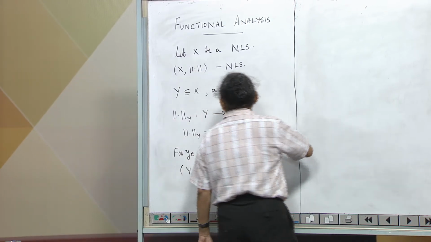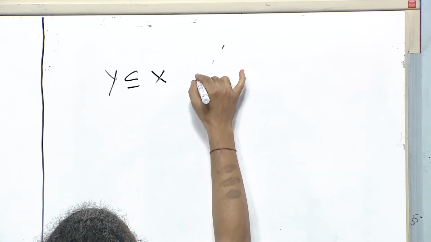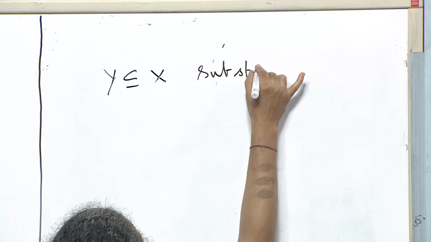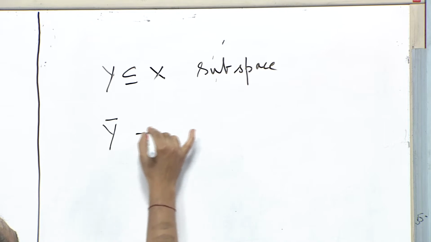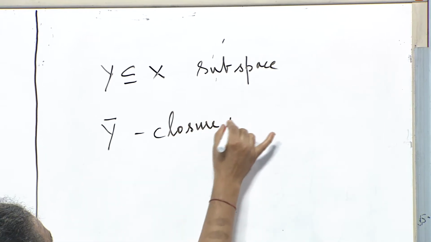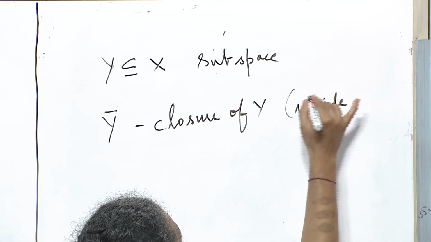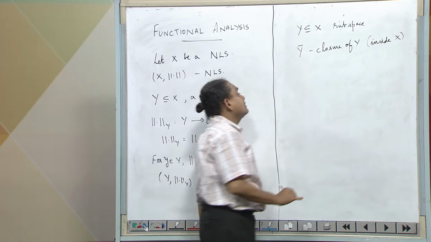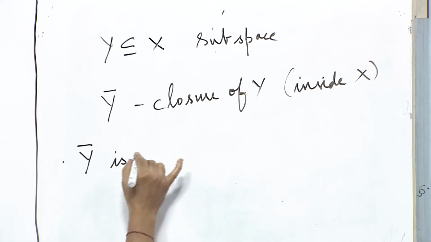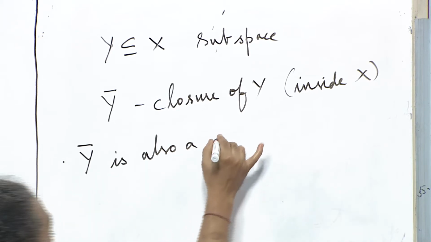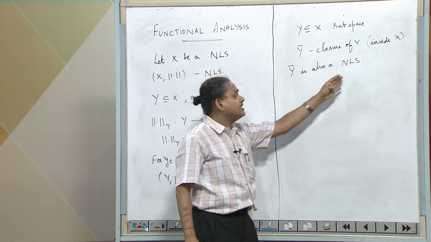A simple observation here is that if you have Y a subspace of X, now look at Y closure, which is in fact inside X. The first claim is that this Y closure is also a normed linear space.